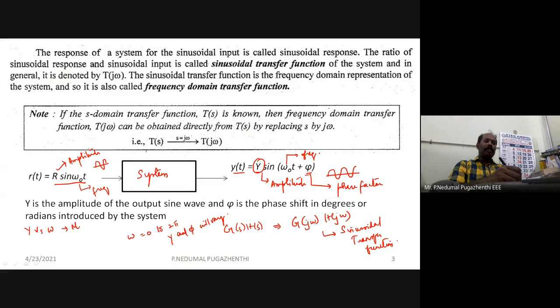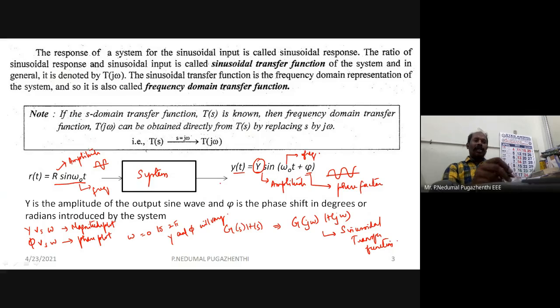This is your magnitude plot, and phi versus omega is your phase plot. Using these graphs, you can analyze the system in the frequency domain, capture the dynamics and the frequency domain specifications, and comment about the system's character. So this is what happens in both your Bode as well as polar plot.